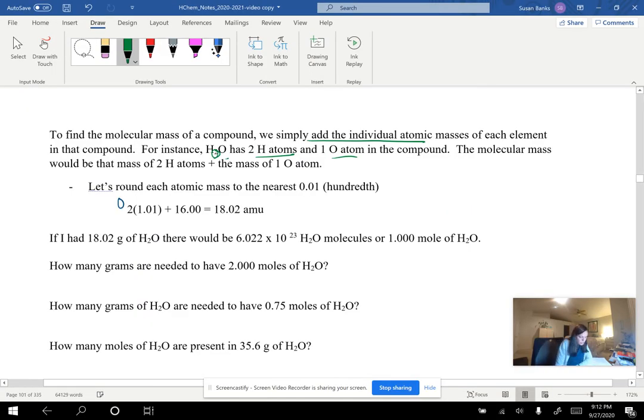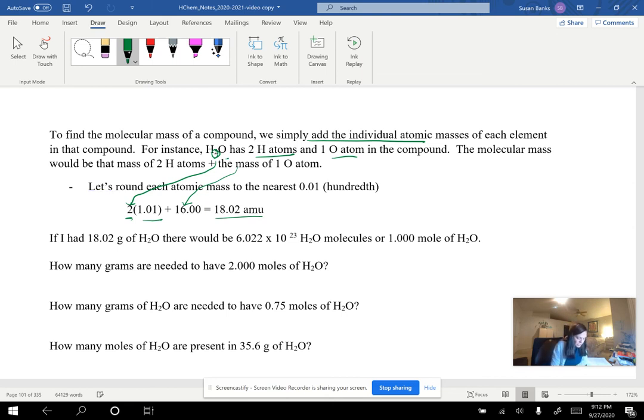Okay, so 2 for the 2 hydrogens times the 1.01, and just 1 for the 16 for the oxygen. When we add that together, we get a mass of 18.02 atomic mass units.